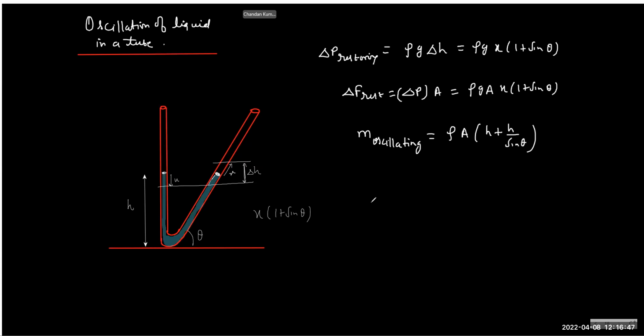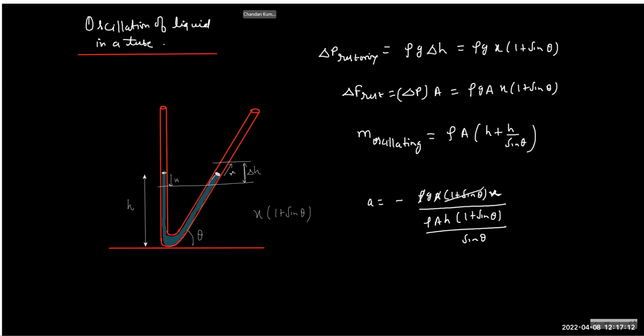So we can write the restoring force over mass, the acceleration, equals minus force upon rho a small h. So what do we cancel out?